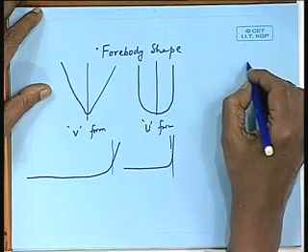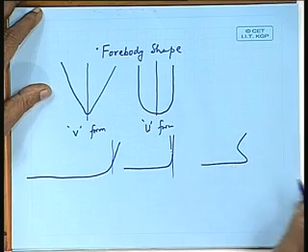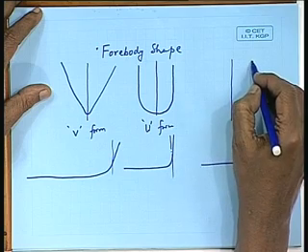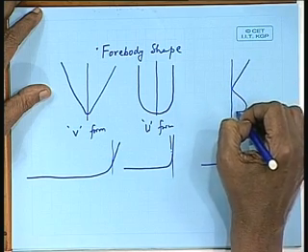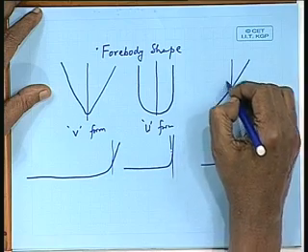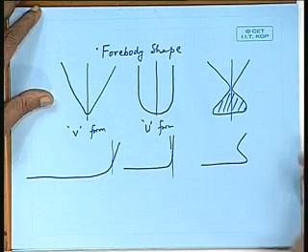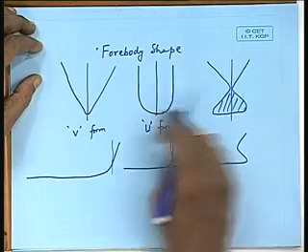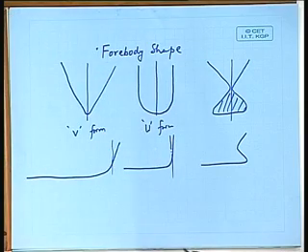And lastly, you will have the bulbous bow. Okay. And if you draw a section here at the FP itself, you will have this bulb. As we have discussed, in both these forms, as compared to V form, the volume comes down, right.